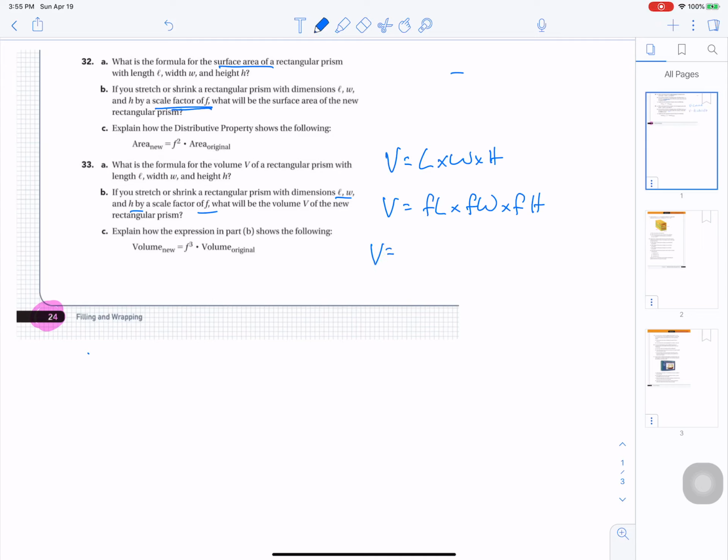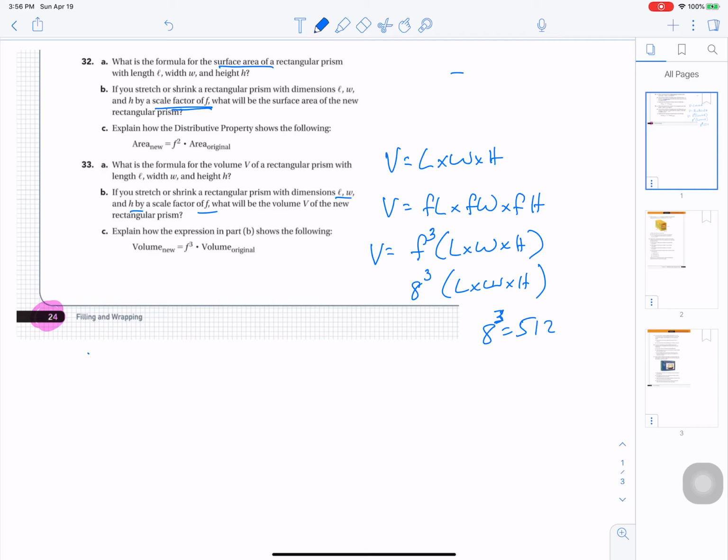If we wanted to use the distributive property, we know we have 3 f's right away, so it's f cubed times length times width times height. That's why with a scale factor of 8, we cubed it, and then times length times width times height. So 8 cubed is 512, and so your answer is 512 times larger.